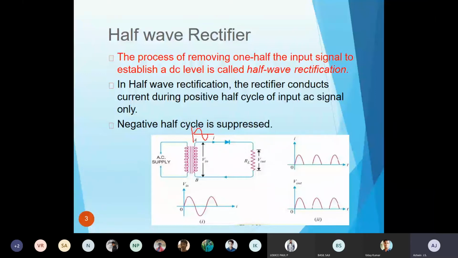I am giving -1, -2. So here it will be minus, and here it will be plus. Now is it a forward or a reverse bias condition? This is anode. Anode is negative, cathode is positive. Is it forward or reverse bias condition?